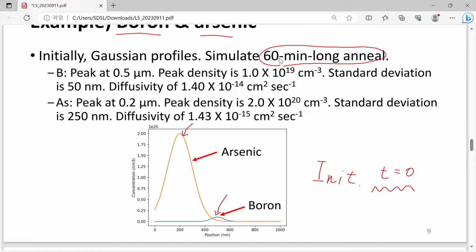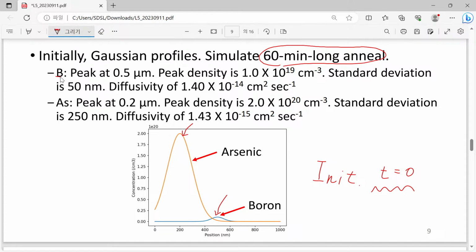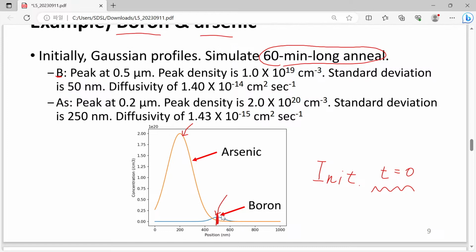So what will happen if we anneal for 60 minutes? Please note that here we have the boron concentration, centered at 0.5 micrometer. The peak density is shown here also, and the standard deviation is 50 nanometer.